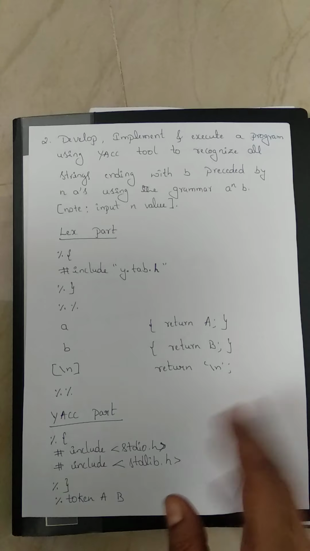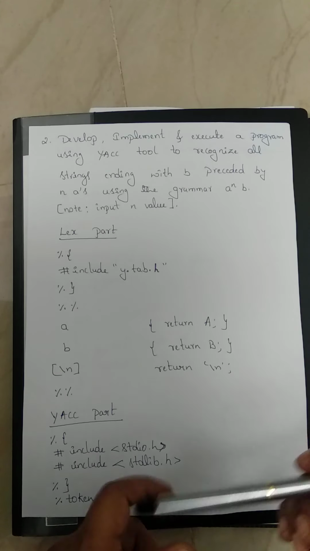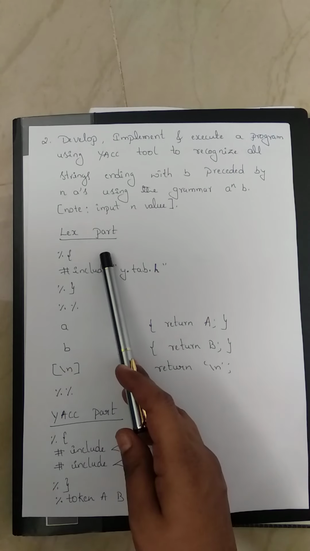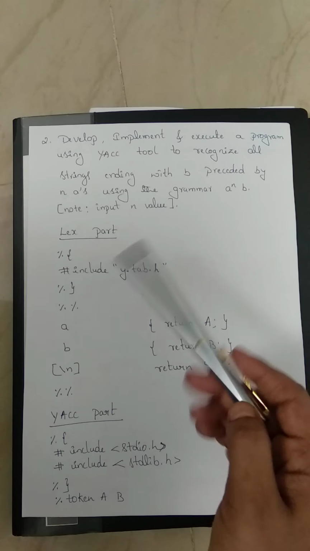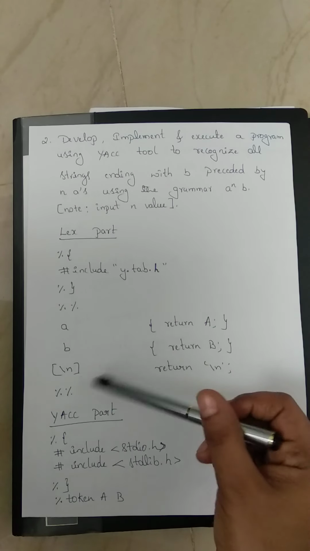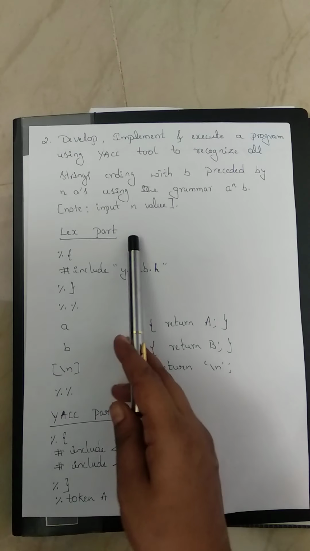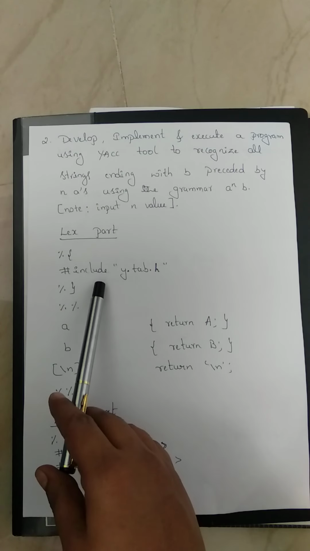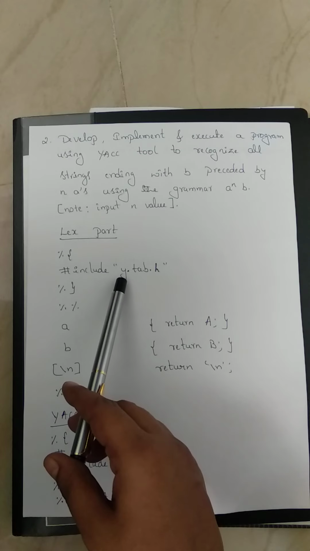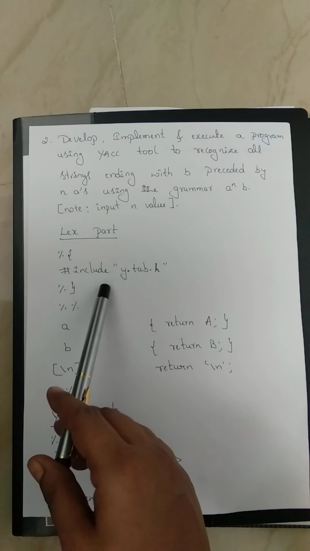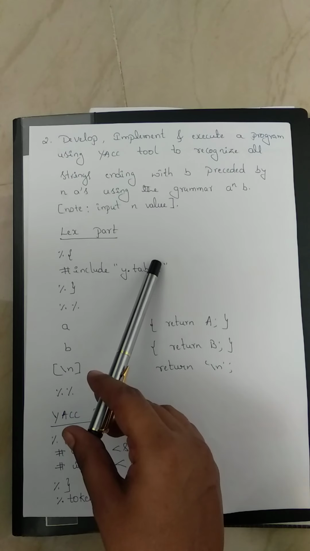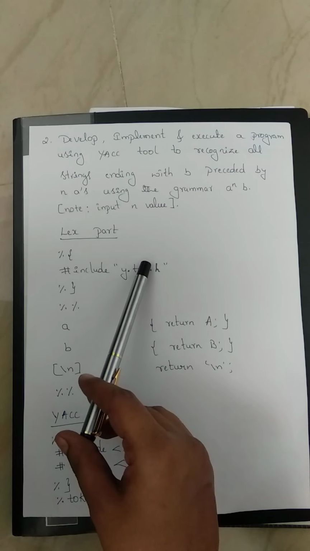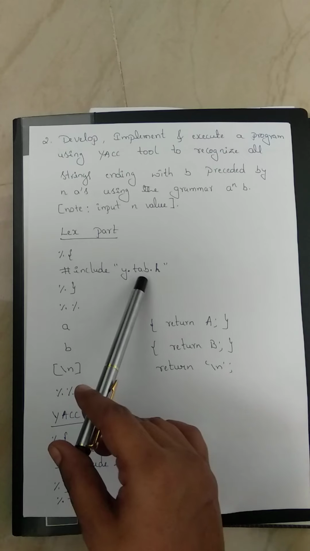So now we'll see how to write the code for this, and the coding starts with the lex part. Why? Because YACC receives the tokens from the lex part, right? This program starts with the declaration or definition part, where we can declare the header files. Here we can write the stdio.h header file, along with y.tab.h.